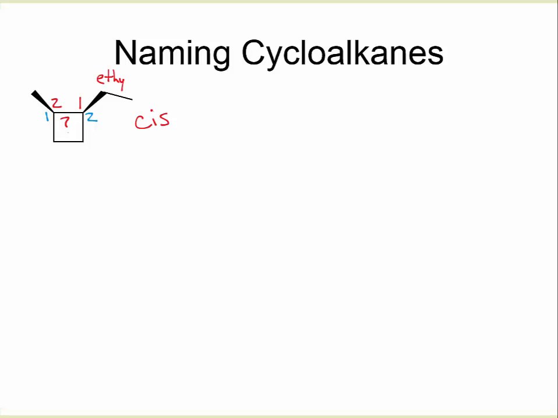The ethyl group is given the lower number because it starts with the letter E, which comes in the alphabet before the letter M. So this molecule is cis-1-ethyl-2-methylcyclobutane.